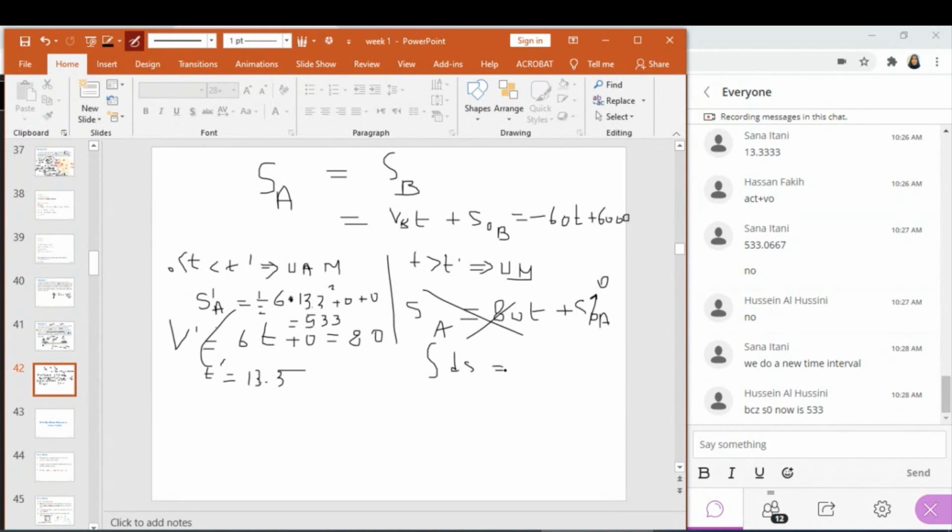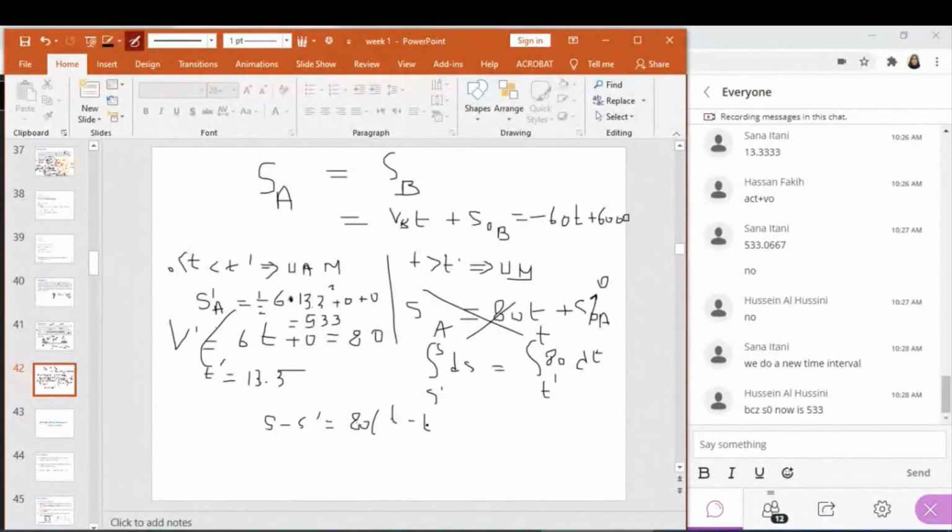ds is equal to at dt, and I can adjust the boundary conditions to be between t prime now and t, not between t equal to 0 and t, because this is not a uniform motion from t equal to 0, and then this ds will be between s prime and s. This means that s minus s prime will be equal to at times t minus t prime.